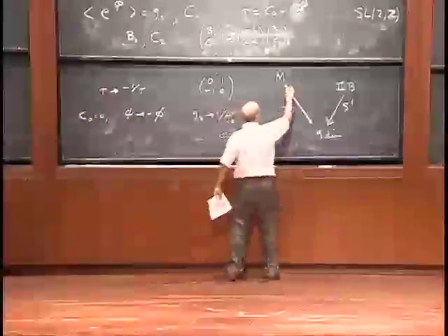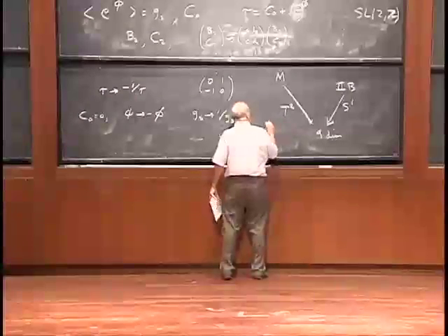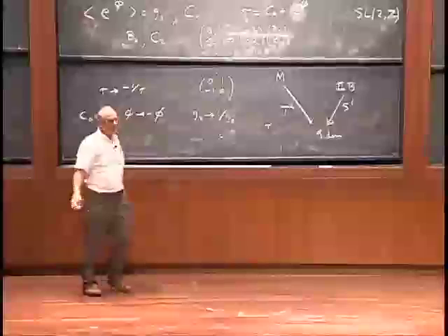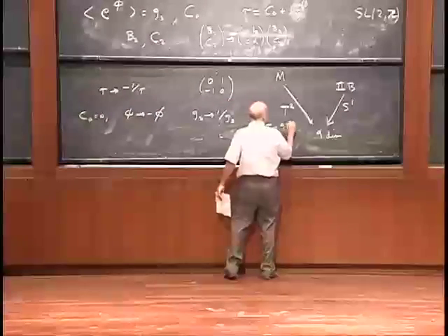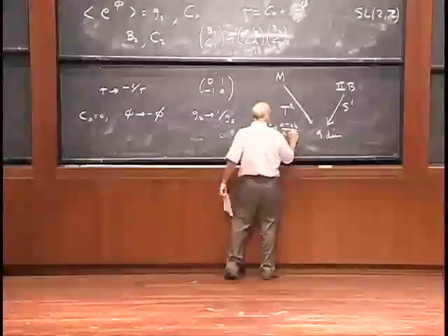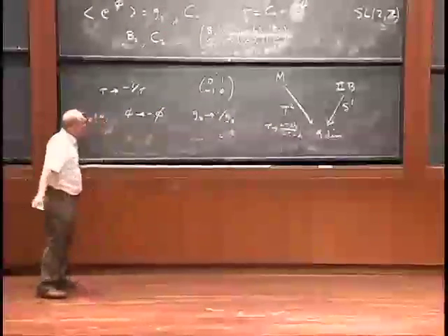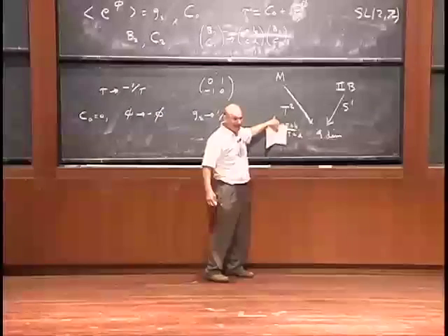Now, when we have a compactification on a torus, this torus is described by a modular parameter tau. And the torus, if you replace tau by (a tau plus b) over (c tau plus d), by one of these modular transformations associated with SL2Z, that's the same torus, an equivalent torus.